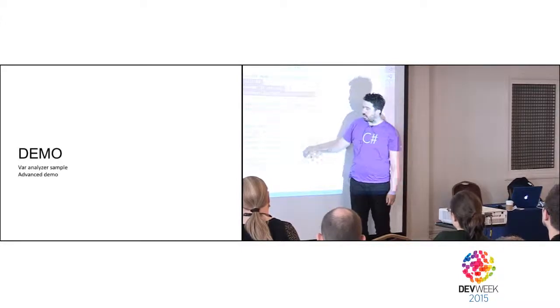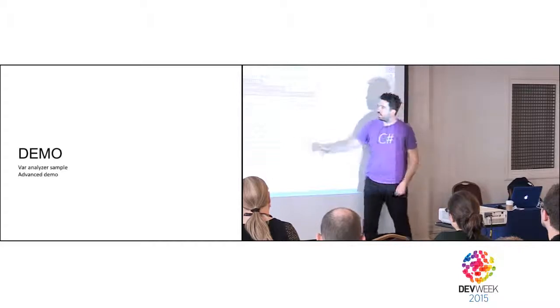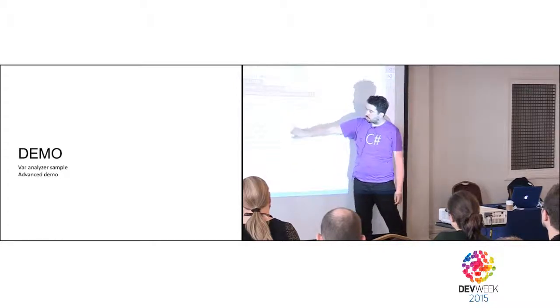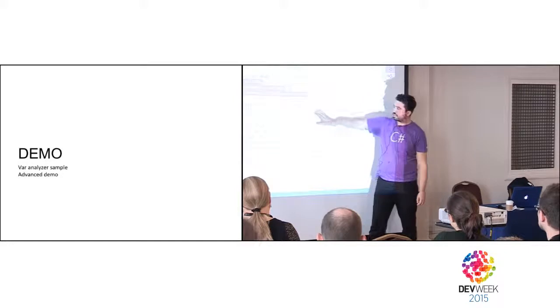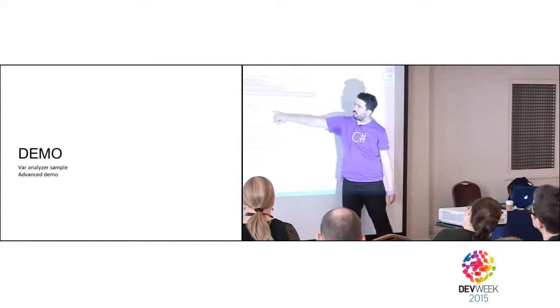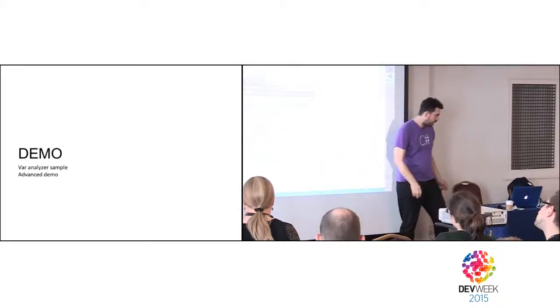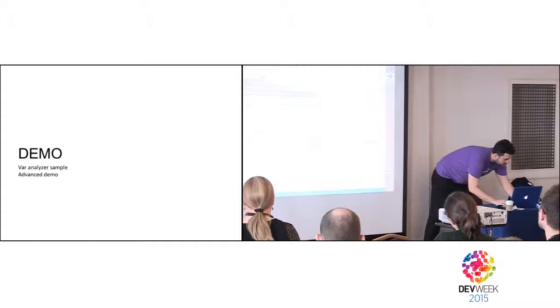Because if it's else if, it's a sub-statement completely. Basically the code is the same inside the detection code, but you always tell it where it should display the squiggles, and it will show it. And the code fix is also simple.